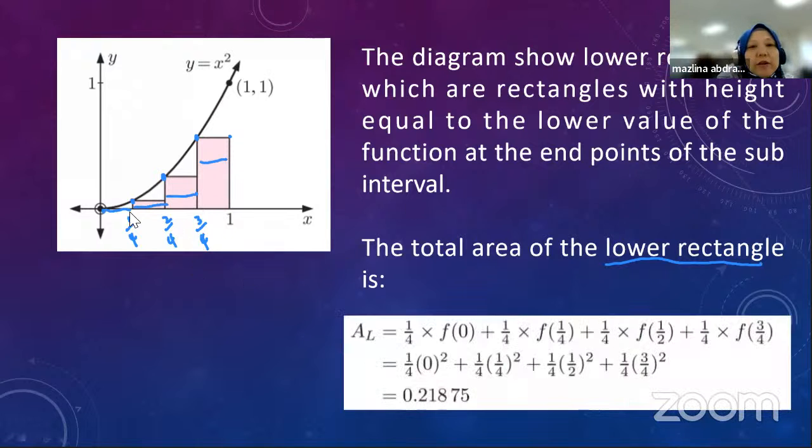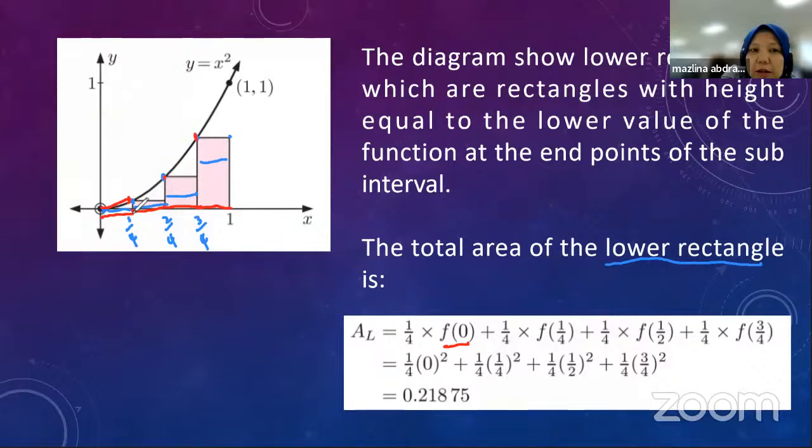So the total area of the lower rectangles: we are looking for the area of each rectangle. For the first one, the width is 1/4 multiplied by the function f of 0, plus 1/4 times f of 1/4, where the lower function value is used. The same goes for the next one, 1/4 times f of 1/2, and the last one, 1/4 times f of 3/4.